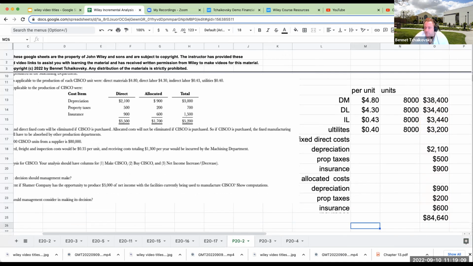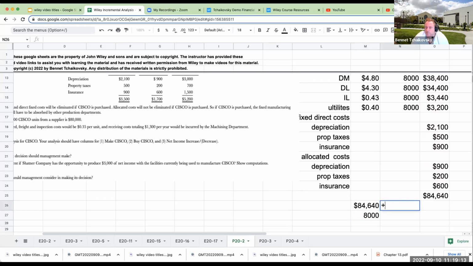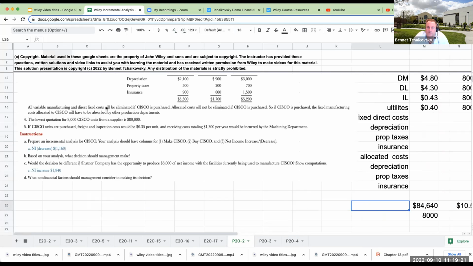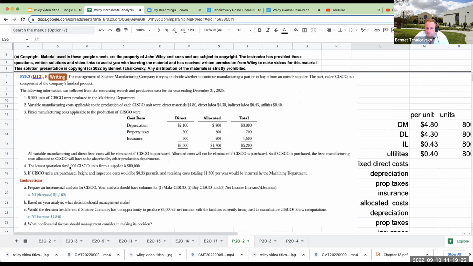Or roughly about 10.58 per unit. Okay. So the lowest quotation for 8,000 Cisco units from a supplier is 80,000.